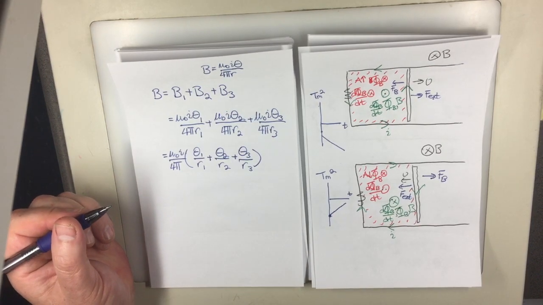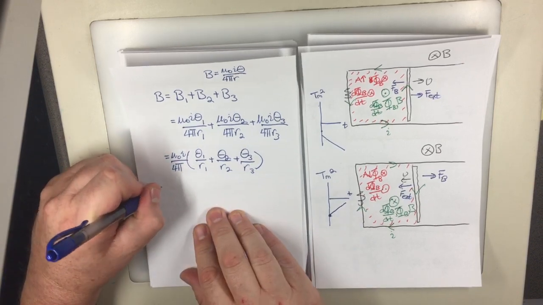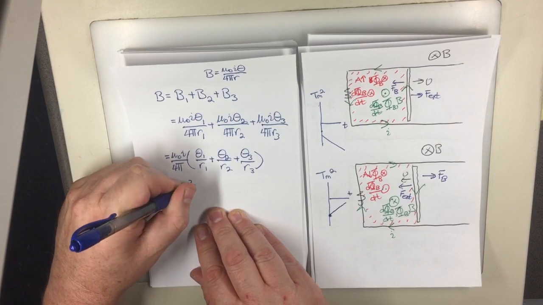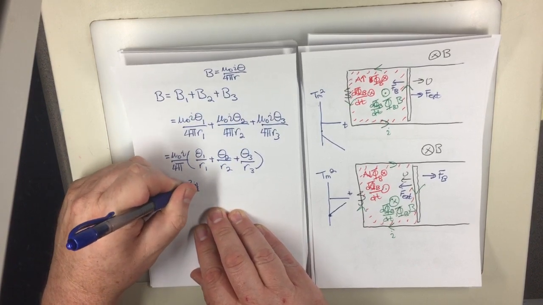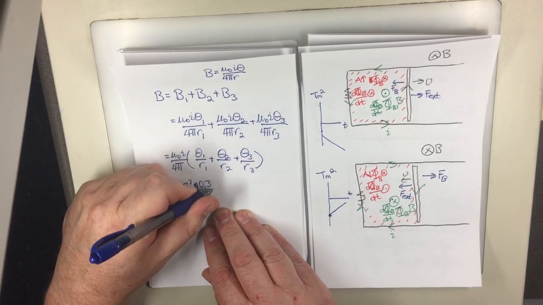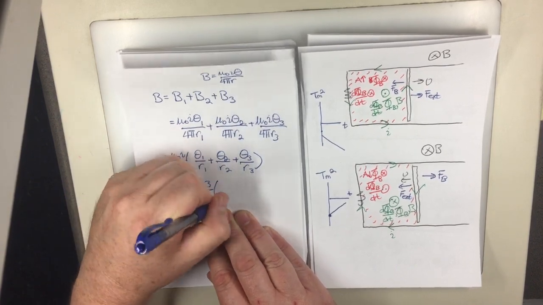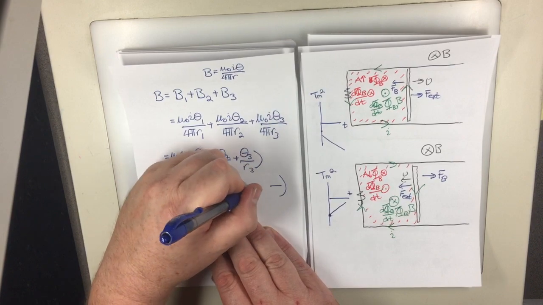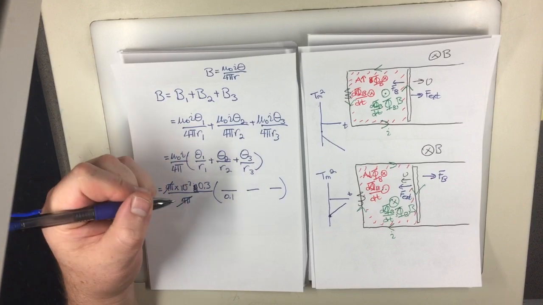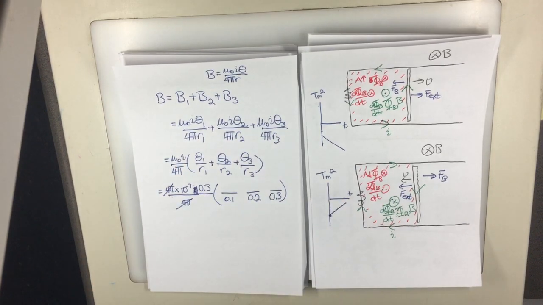And so we just added them up. Now we may plug and chug. 4 pi times 10 to the negative 7, I is, what did I give as I? 0.3. There's a 4 pi, so those cancel. R1 is 0.1. R2 is 0.2. R3 is 0.3.